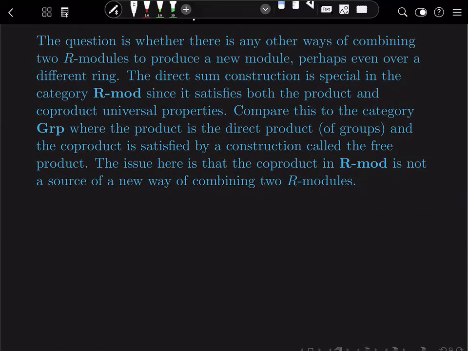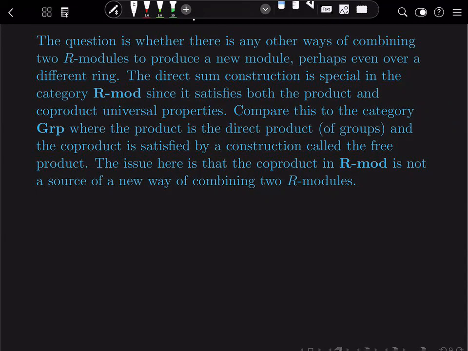So the issue here is that the coproduct in RMod is not a new source of ways to combine R modules. There are a couple of ways to attack this. There are a couple of entry points into talking about the tensor product.